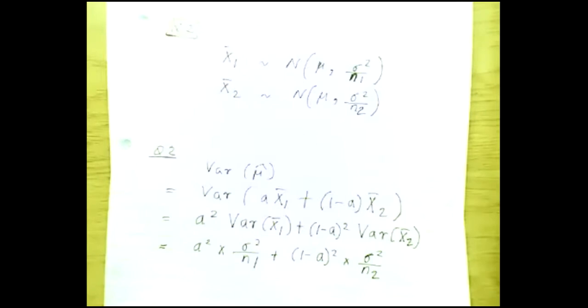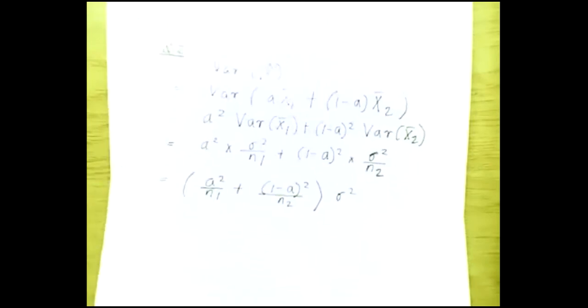So what you have is the following: A squared divided by n1 plus 1 minus A squared divided by n2, everything multiplied by sigma squared.